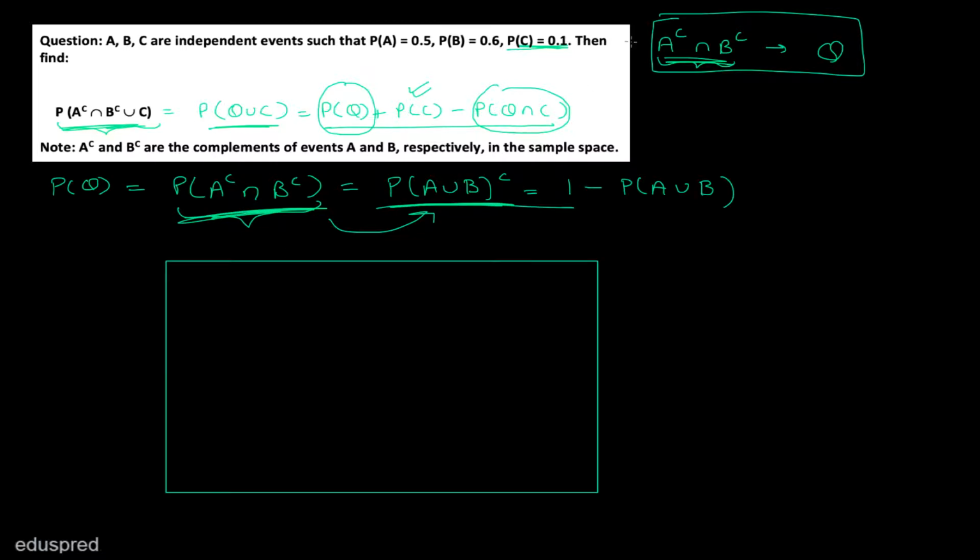Okay. So let me draw two circles over here. Let's say this is for A and this white one is for B. I'm not going to draw C over here as C has no role right now. So this is A and this is B. And once again, the way I have drawn it, there is some intersection between these two. Now we have to find probability of A complement intersection B complement. So let's try to shade the region.